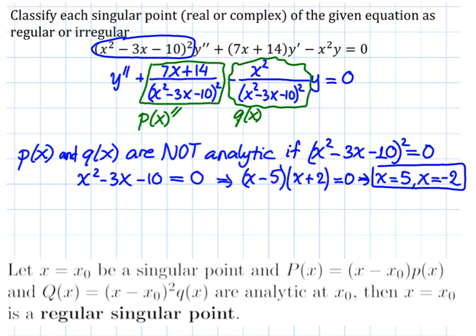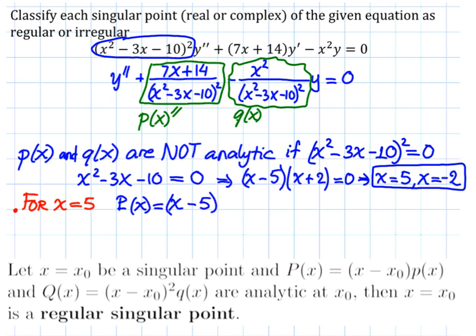Now we'll classify them. Let's take x equal to 5 first. Now we have the definition of a regular singular point. We'll compute capital P of x and capital Q of x. Capital P of x is x minus x naught times little p of x. In this case, x naught equals 5.